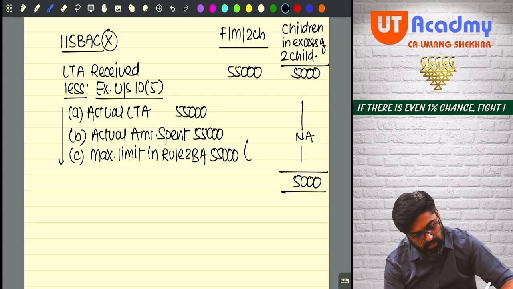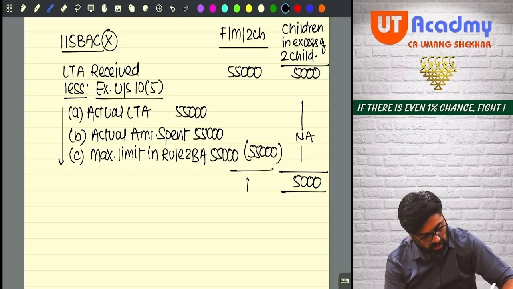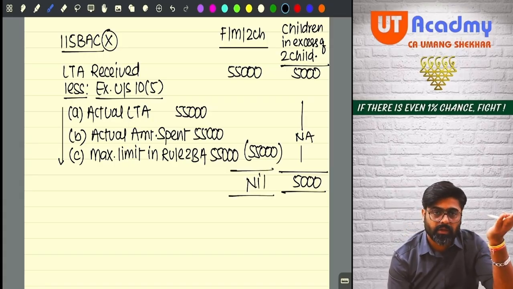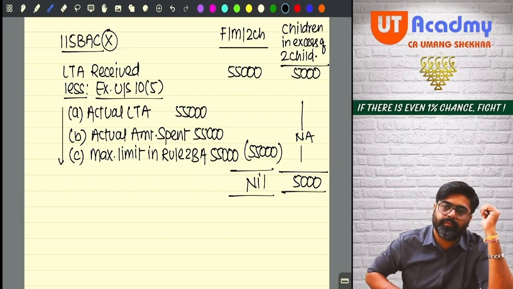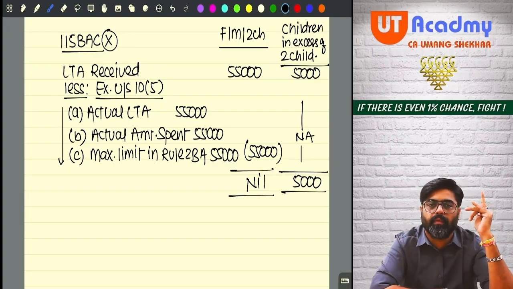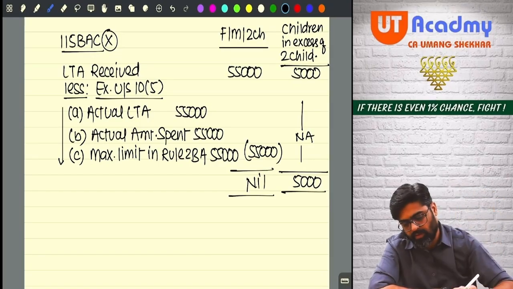Whichever is lower, 55,000, this will be exempt. How much will be taxable? Nil. And for the third child, whatever 5,000 you are getting, that will be fully taxable. Got it? Easy? Should I move ahead? Very good.